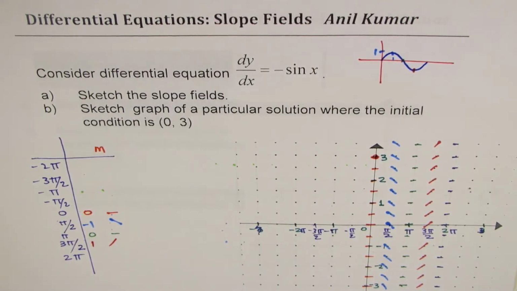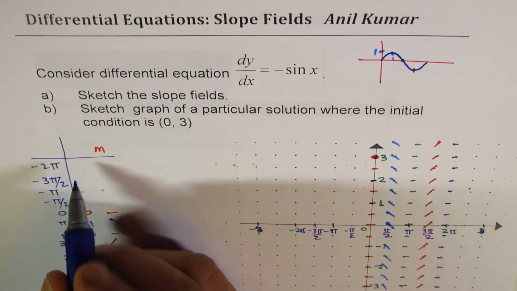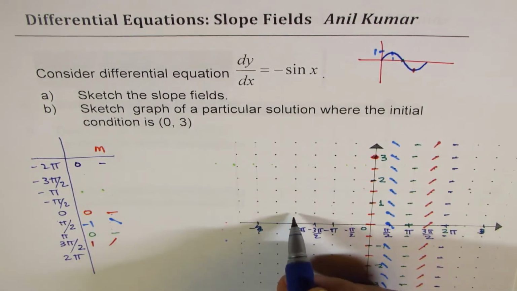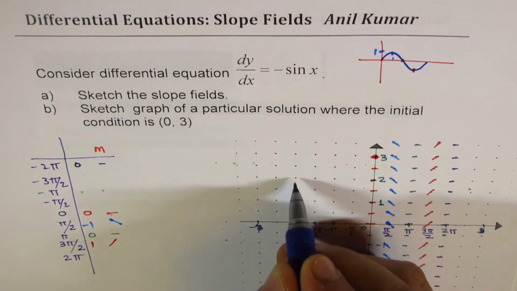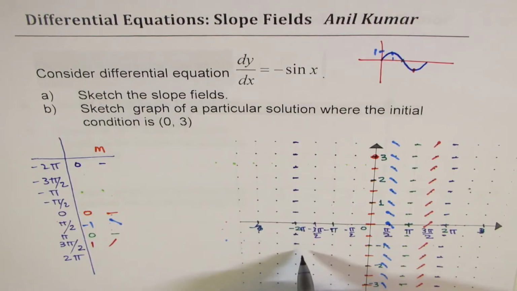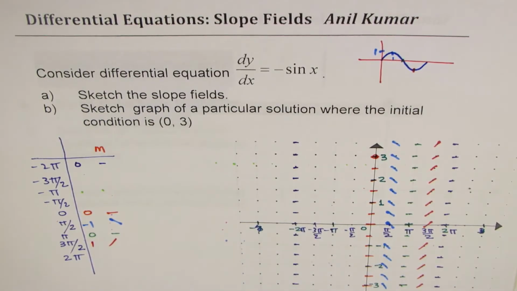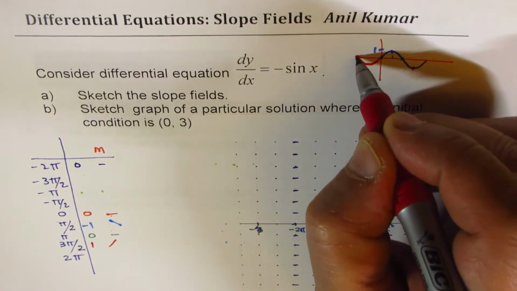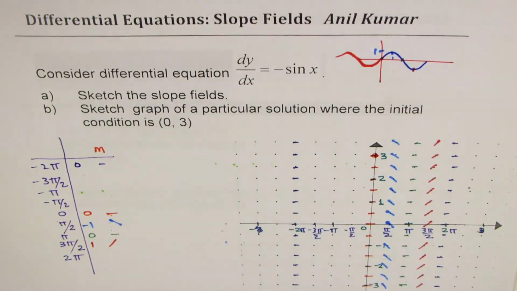Correct? So let's start from the other side. Minus 2 pi is also 0, that means horizontal. Minus 2 pi is right there. So we get these horizontal lines all along the vertical line x equals minus 2 pi. Correct? As far as minus 3 pi by 2 is concerned, well, this graph actually repeats like this, right? So symmetrical.